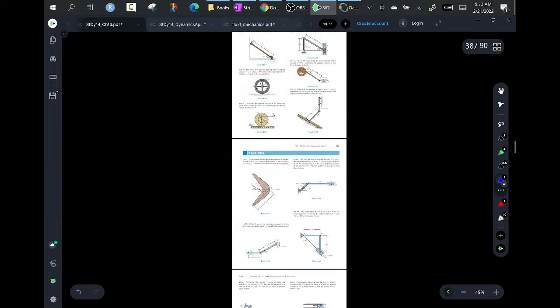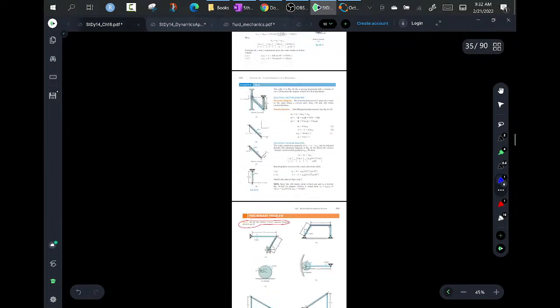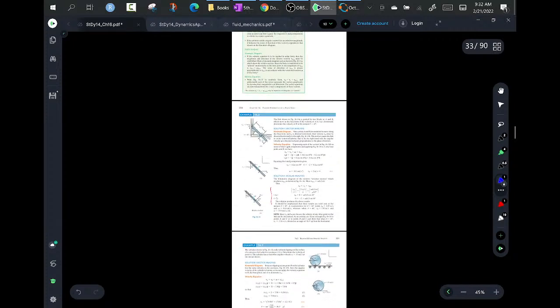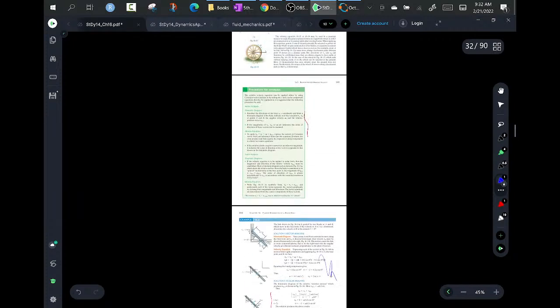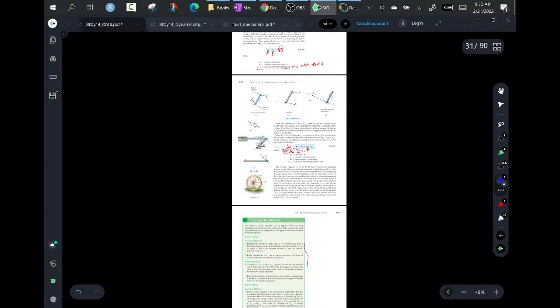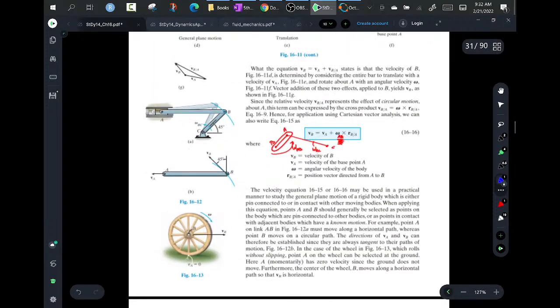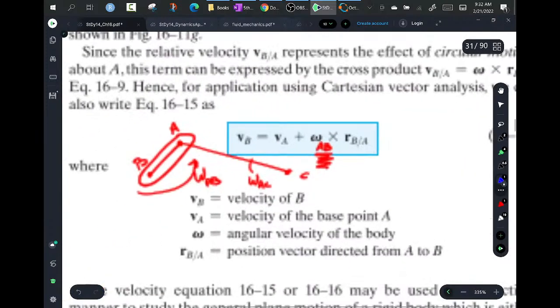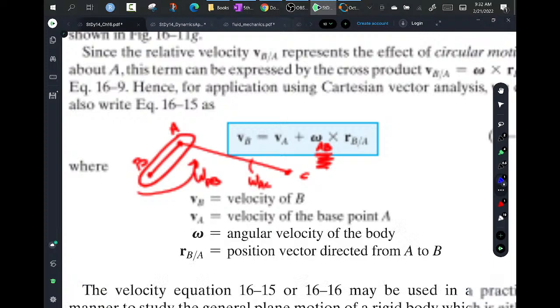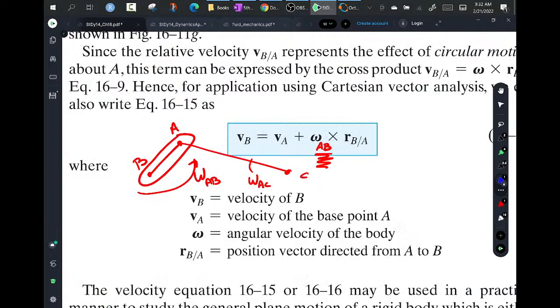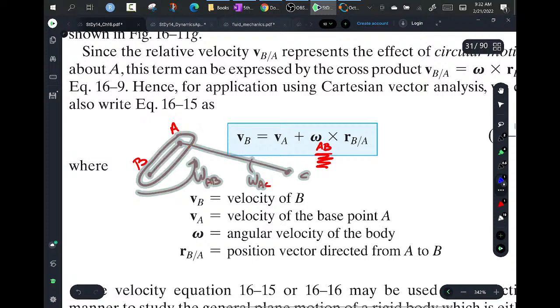I'm trying to find where he actually wrote these examples. Okay, so here's what we're doing. It's moving slow.